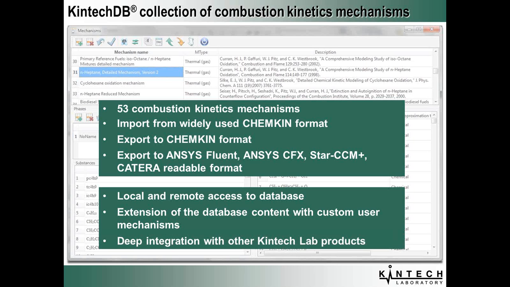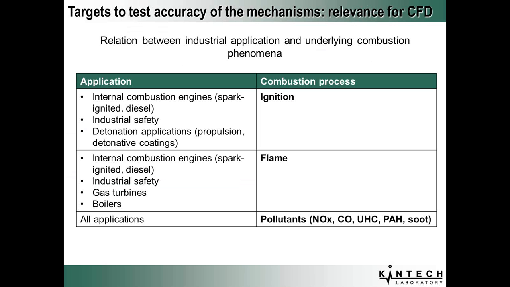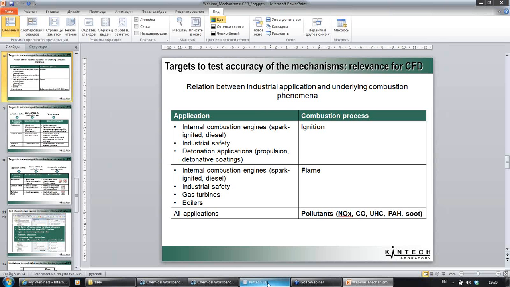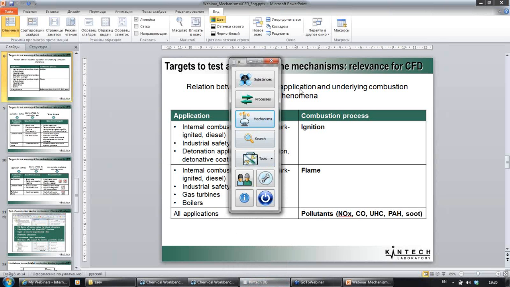And finally, this database is tightly integrated with other software tools which are developed in our company. So now I will move to a short demonstration of the database, how it works and what its content is. This is the main window of the database. You see that there are a lot of different types of information here.